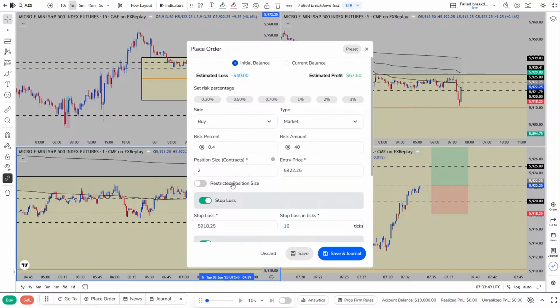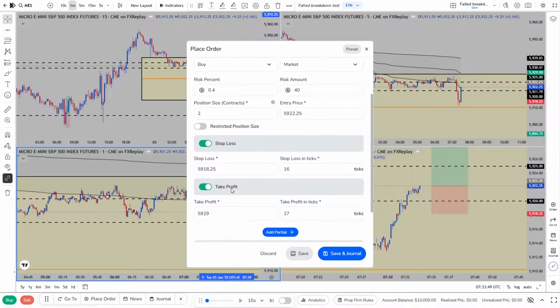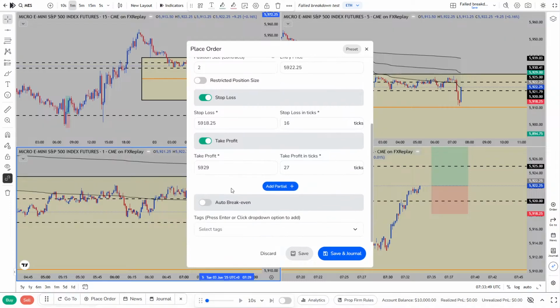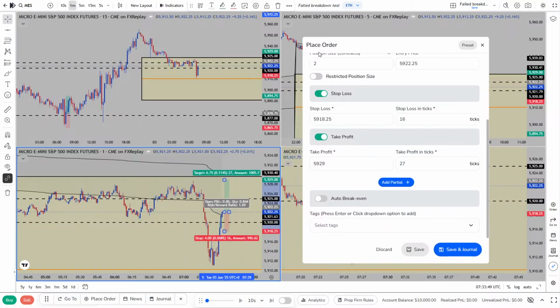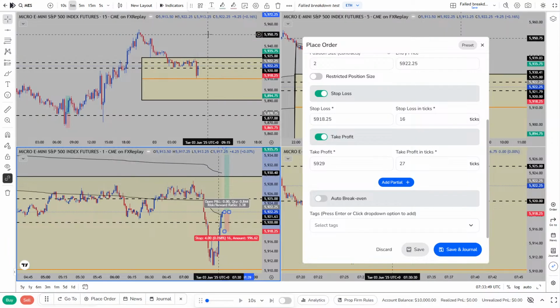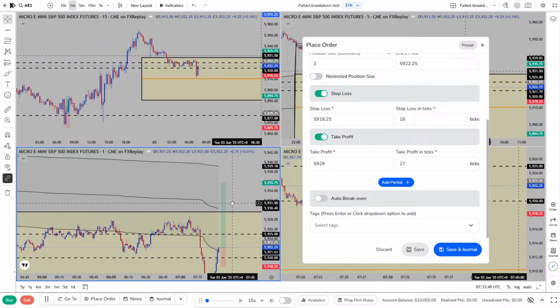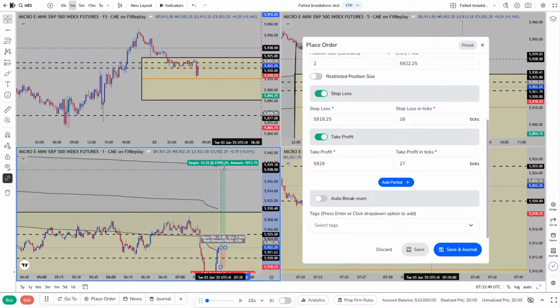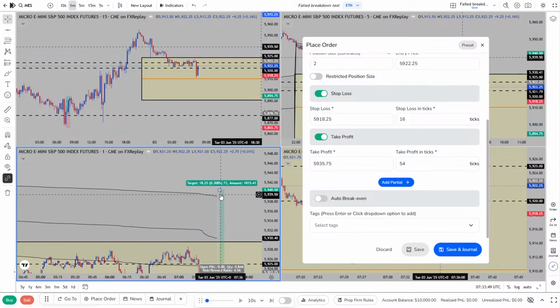2 position contracts, stop loss, take profit. I'm gonna add the partial as well. So the end goal would be for me somewhere at, let's say 59.47. No, actually it would be the DVA high.